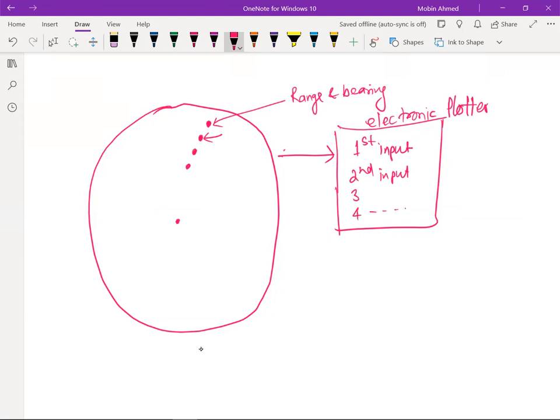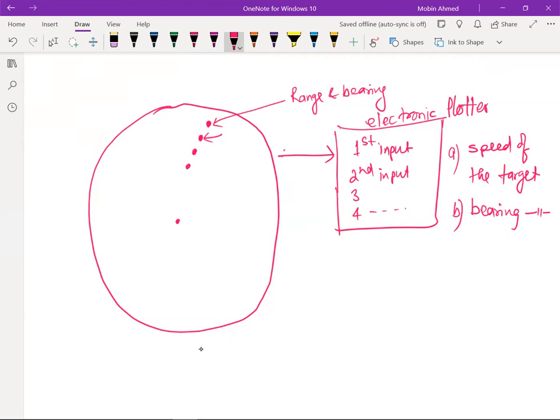Now if we give these 3 and 4 inputs, in this case it is going to determine the speed of the target. It will calculate the speed of the target. Not only the speed, but this electronic plotter is also going to have the bearing of the target.